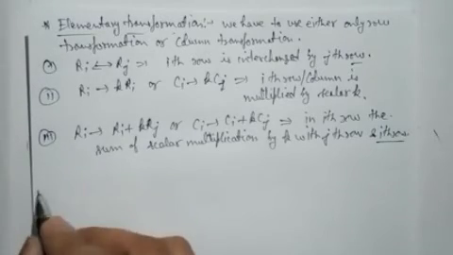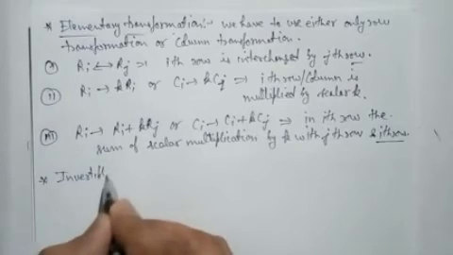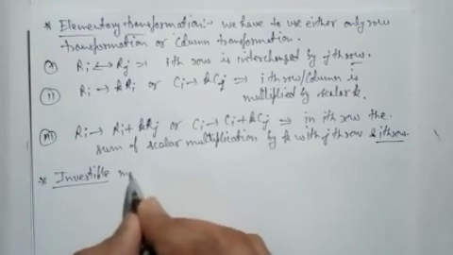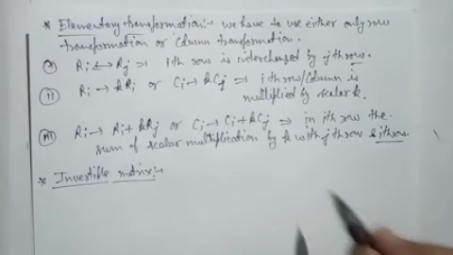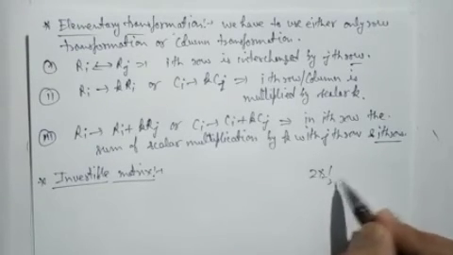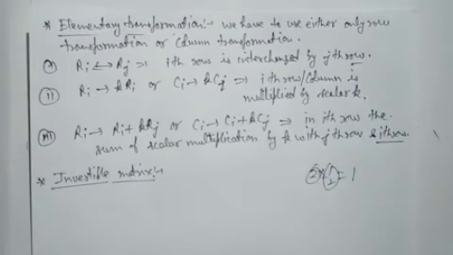Clear? Next is invertible matrix. These are some operations which we have to use. Invertible matrix. As we know that in common sense 2 is multiplied by 1 by 2, the result is 1, where 1 by 2 is the inverse of 2 in multiplication.